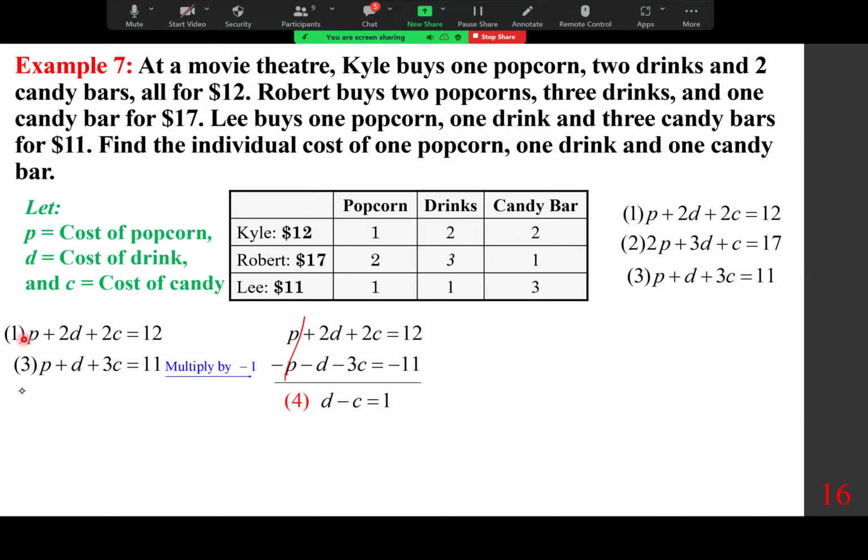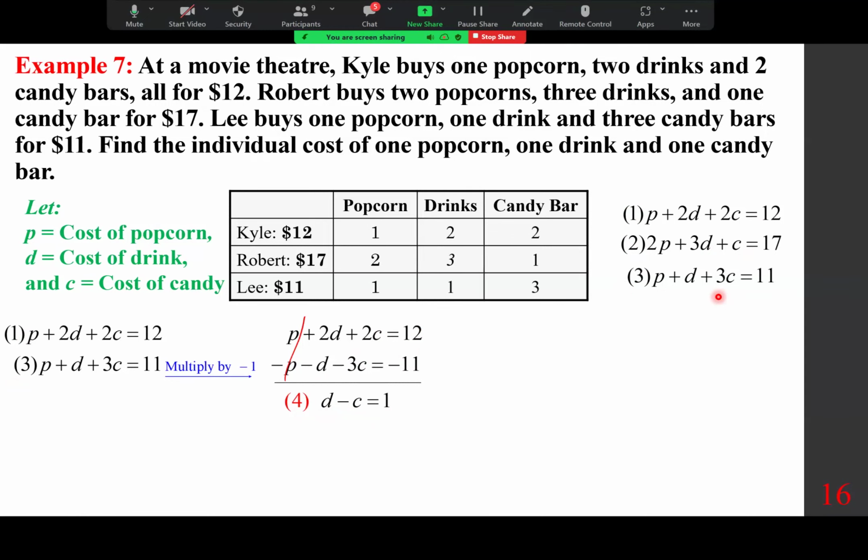Now, numbers 1 and 3 were used. The number that was not used is number 2. So number 2 must be used, which is 2P plus 3D plus C equals 17. And you can use it either with 1 or 3, makes no difference.